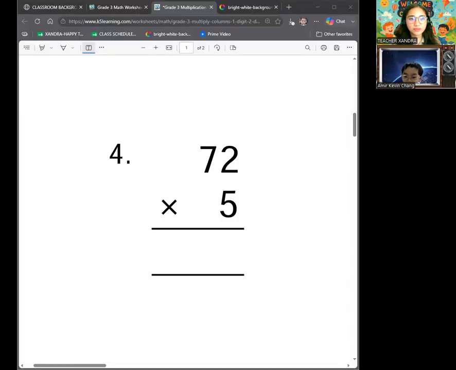Why is the internet bad here? It's literally at full internet, but still it's laggy. So 2 times 5 is 10. So what is 7 times 5 plus 1?